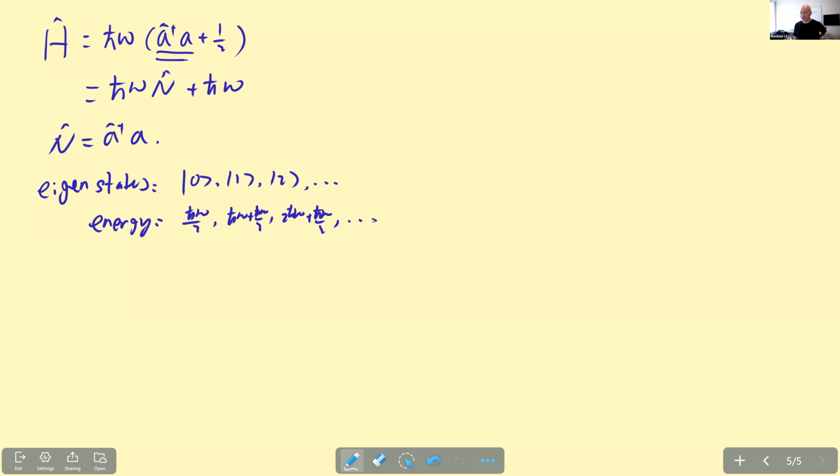Now you can have a nice way to interpret this. From this one to this one, you add 1. From this one to this one, you add 1, and again from this one to this one, you add 1.